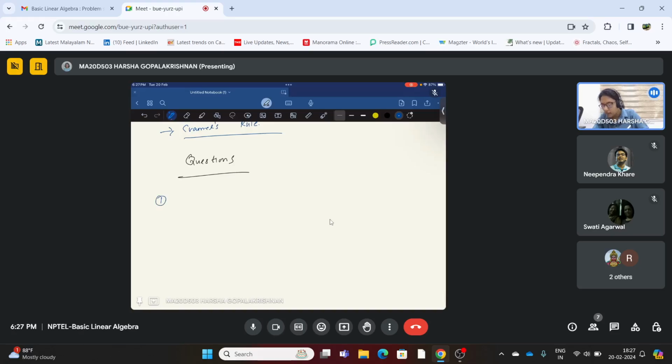So first question is, what are all the possible values of determinant of an orthogonal matrix?